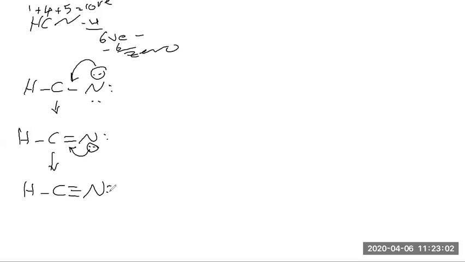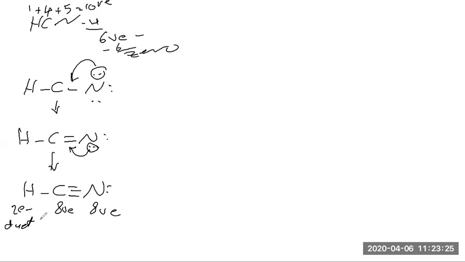Now, this is the lowest energy structure for HCN because nitrogen has 8 valence electrons around it, carbon has 8 valence electrons, and hydrogen has 2 electrons. Be careful, guys, with the hydrogen. Hydrogen doesn't have any lone pair, just one bond. Okay, now the question is, do we have resonance here?